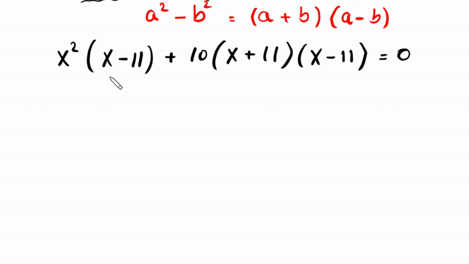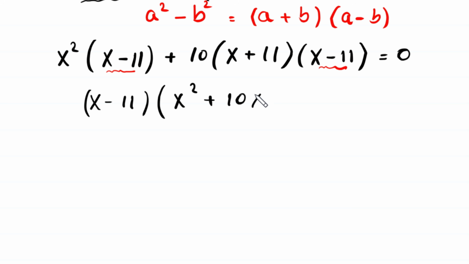As you can see, this expression x - 11 is a common factor, so we factor out this x - 11, and in bracket x^2 + 10x + 110 equal to 0.